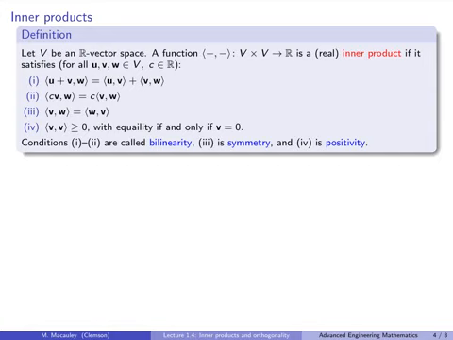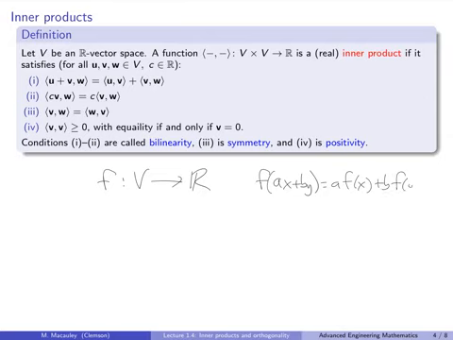It should be fairly self-explanatory why these last two got their names, so I'll say a few words about bilinearity, in particular how it differs from linearity. Recall that a linear map F is a map from V to the field, let's say R, because we're looking at an R vector space here, and it satisfies the property that F of ax plus by equals a F of x plus b F of y.